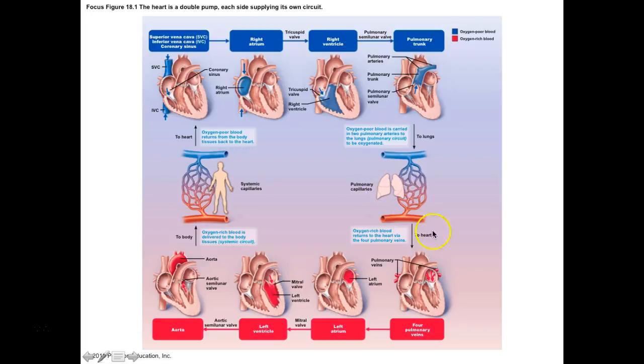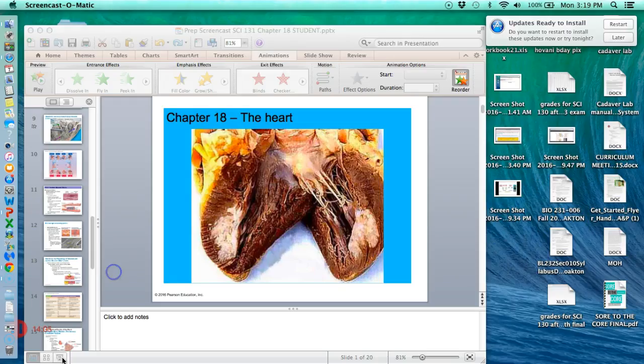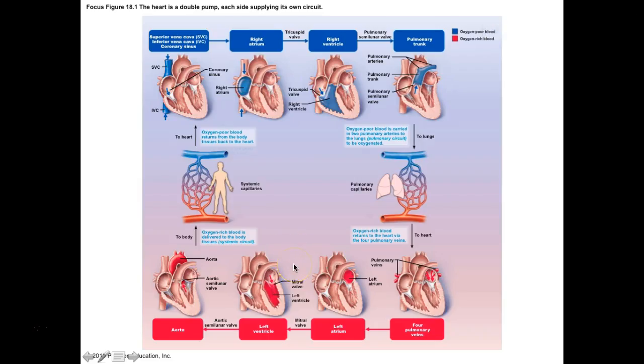That blood becomes oxygenated. We come back through right pulmonary veins and left pulmonary veins. Whoops, I did that backwards. Right pulmonary veins, which would go all the way here, and left pulmonary veins to our left atrium. And then we go through our bicuspid valve or left atrioventricular valve, so the blood would pool into the left ventricle.